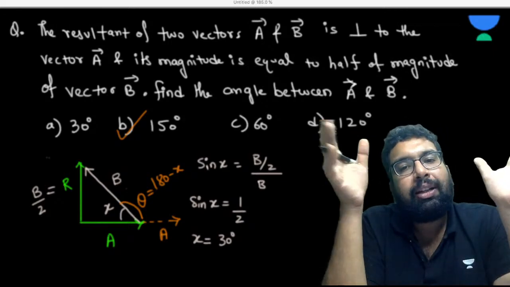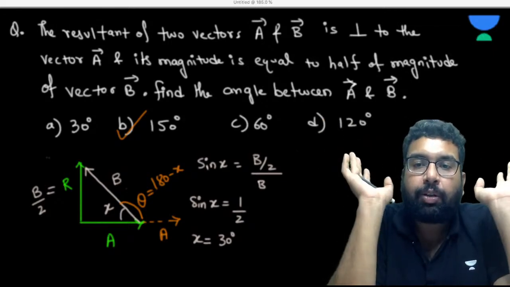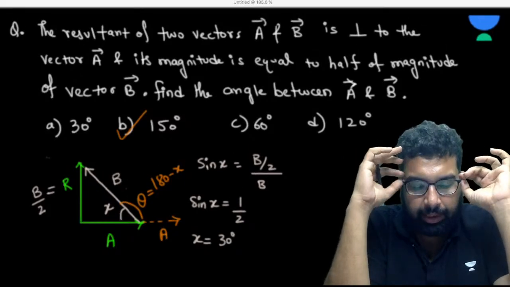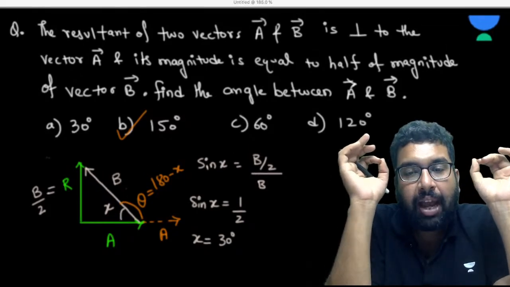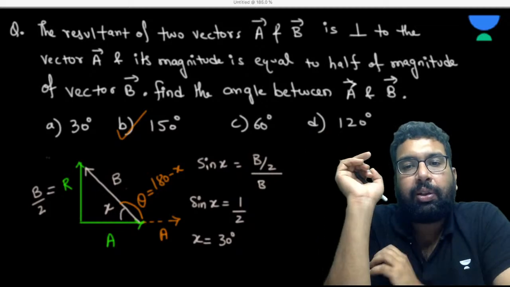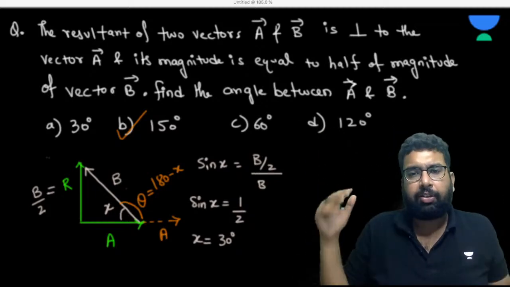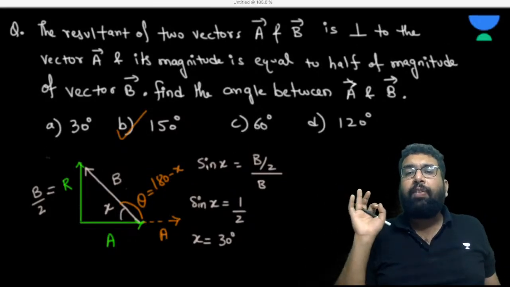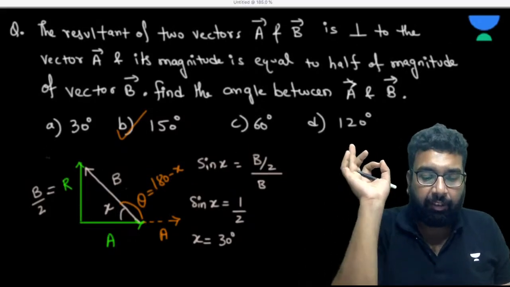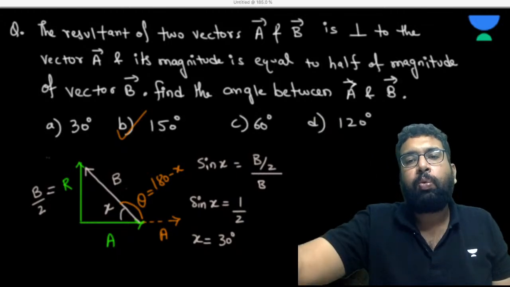So each of these options is not randomly placed. Are you getting my point? They give enough time to frame these options. Here the answer is 150, so they put 135, 160, something like that. For every option, if you make any silly mistake, you will land on one option.